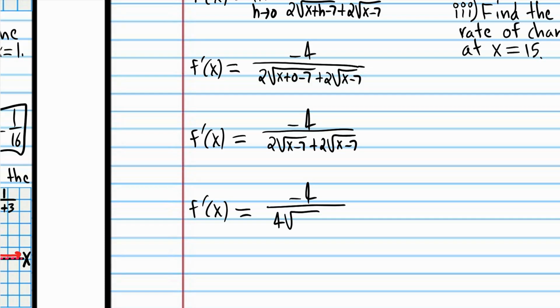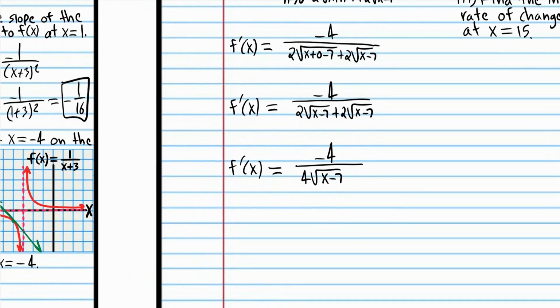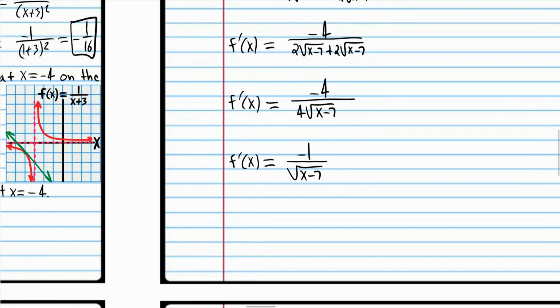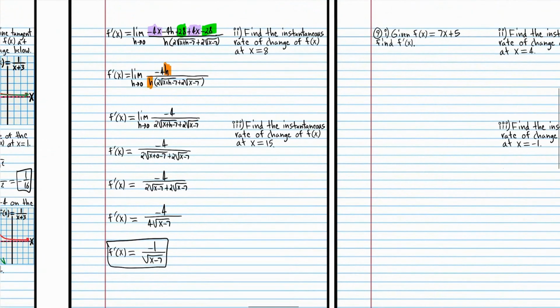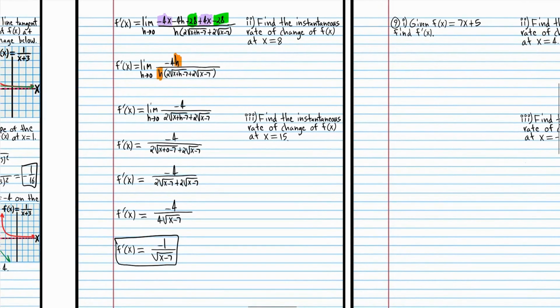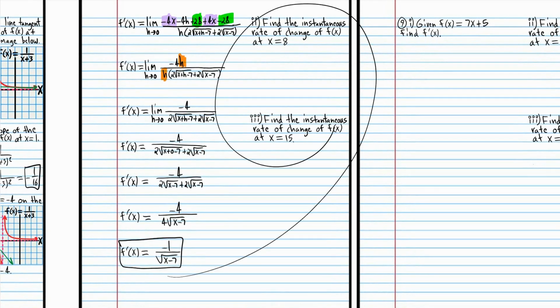And we get 4 root x minus 7 and the 4's cancel out, and we have -1 over root x minus 7. So that is the derivative function. So if you got that right, good. If you got stuck there, if you had some problems, that's okay. But why don't you try part 2 and part 3. When you come back, we'll do it together.